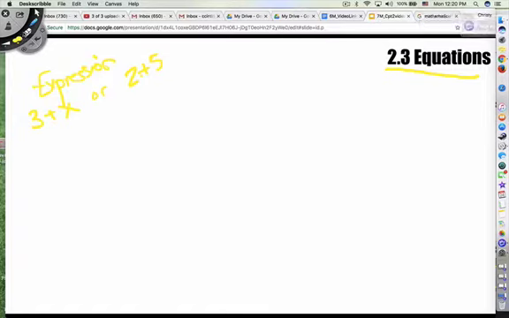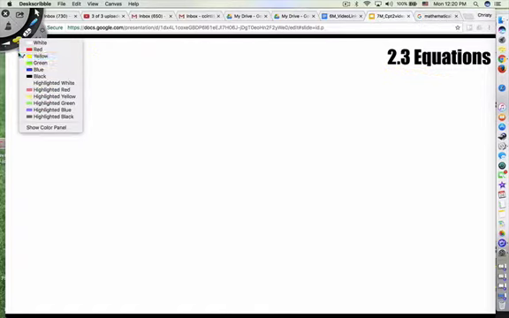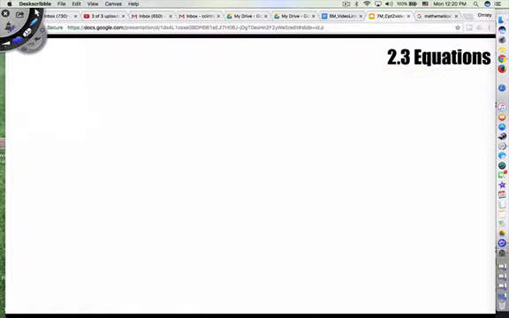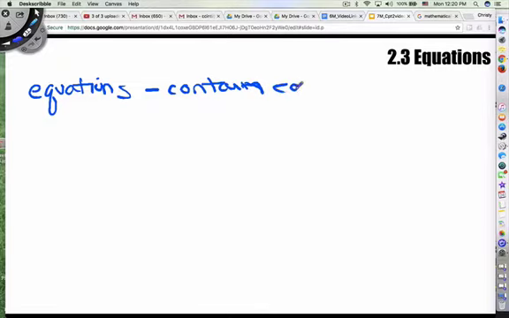Okay, so equations, we're going to give ourselves some definitions. Let's give ourselves some notes. They contain equal signs. Who would have thought?